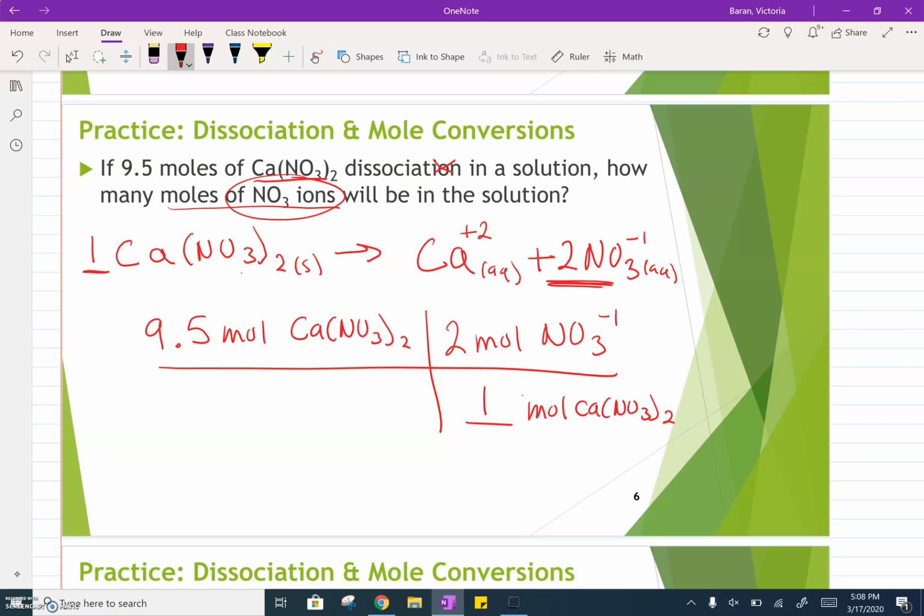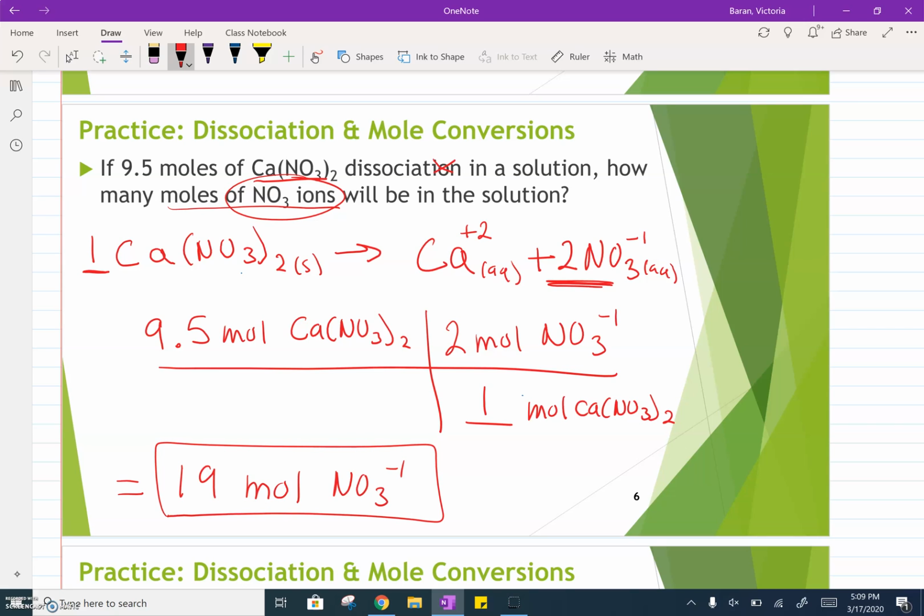Again, an ion is something that has a positive or a negative charge. Now we just have to solve for this mathematically. So you would do 9.5 times 2 divided by 1. So that's simply 9.5 times 2, which will give us 19 moles of NO3 minus 1, which is a nitrate ion. And that would be your final answer.